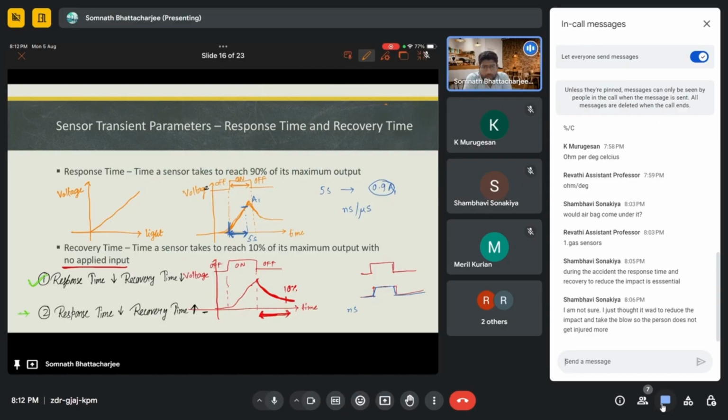Any case where the response time should be low, that's fine, but the recovery time is expected to be a bit higher, slightly, within a few minutes or something like that.